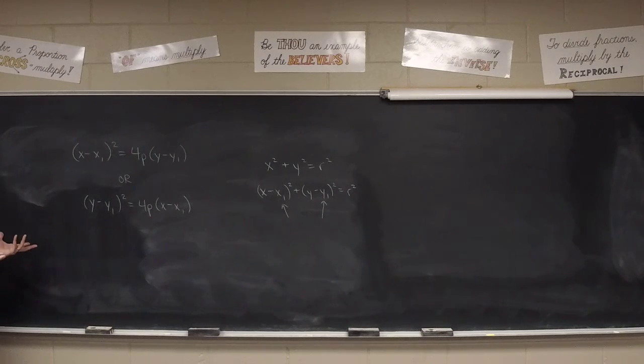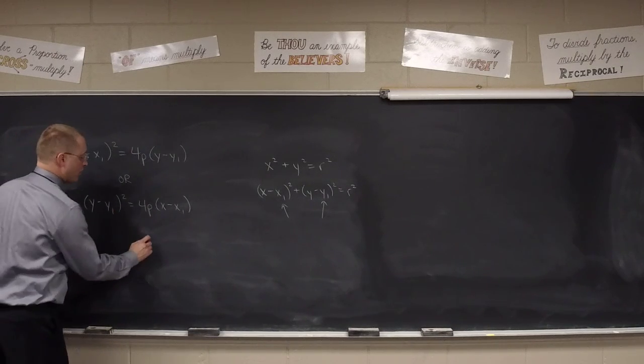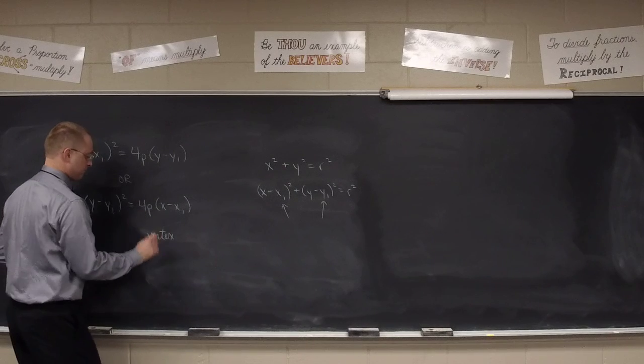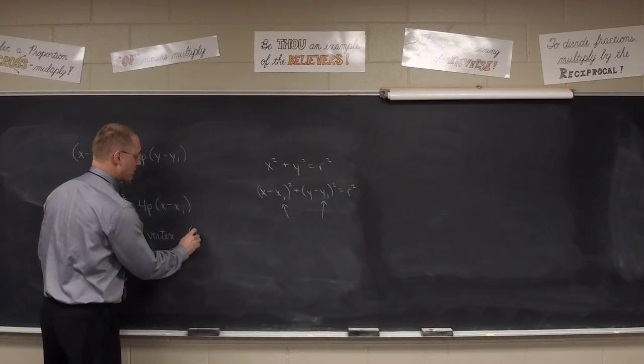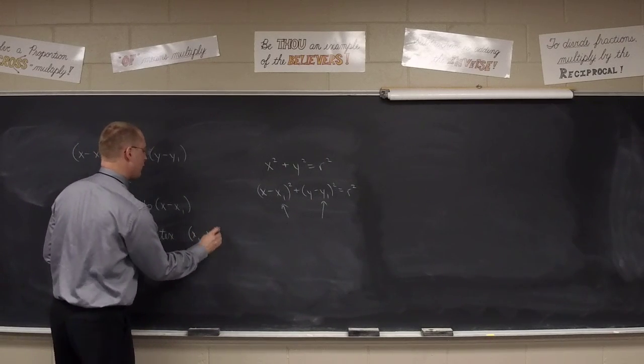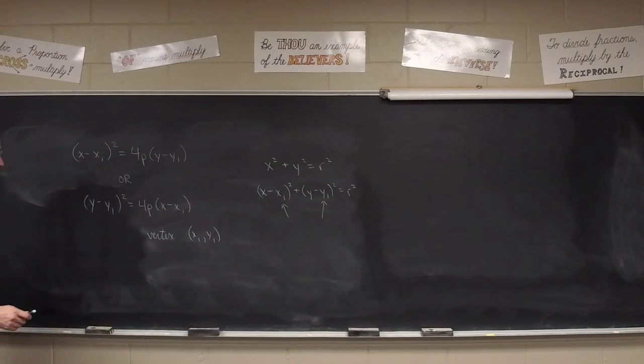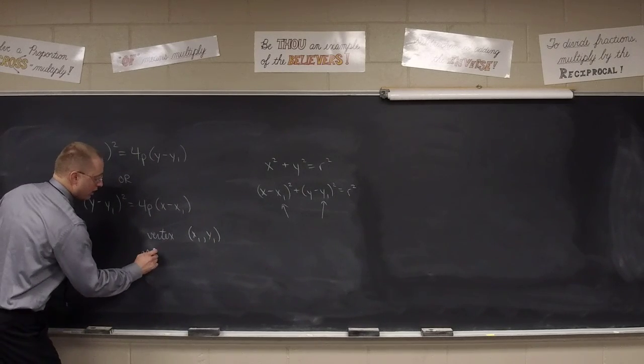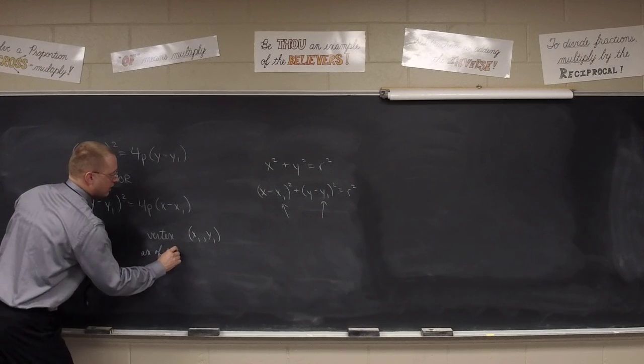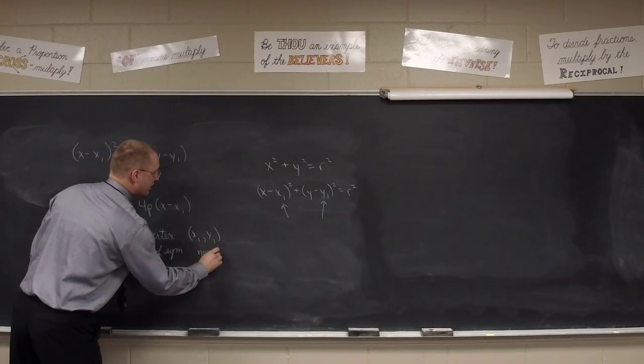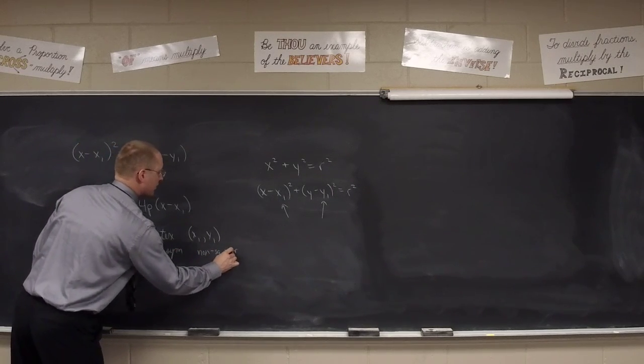Seem to make sense? All right, so some things to note here, and this is relatively, I think, common sense to you, but let's write it anyway. The vertex is no longer (0, 0), but (x1, y1). The axis of symmetry is still going to be the non-squared variable.